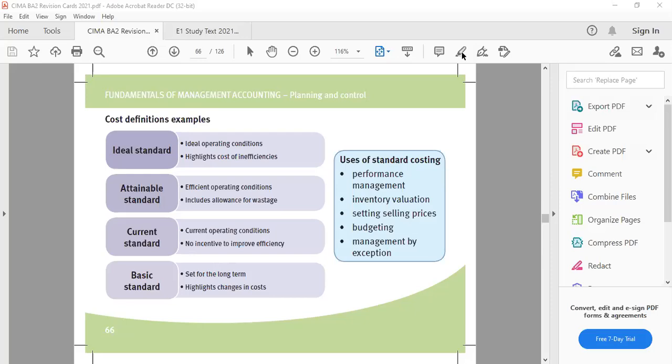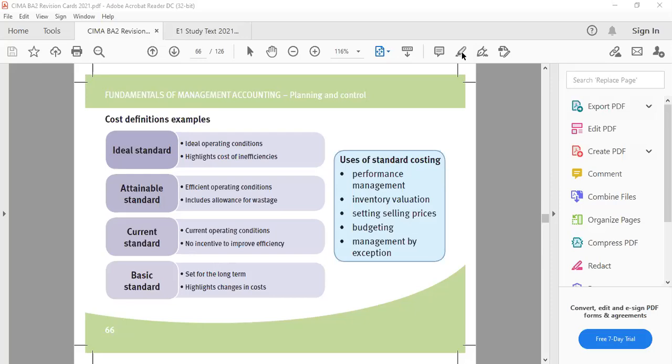So we see the attainable standard, what is currently possible to be achieved in normal working conditions. Efficient operating conditions include allowances for wastage, any kind of wastage which happens normally in the normal course of business. That has to be taken into consideration to understand attainable standards. Fine.